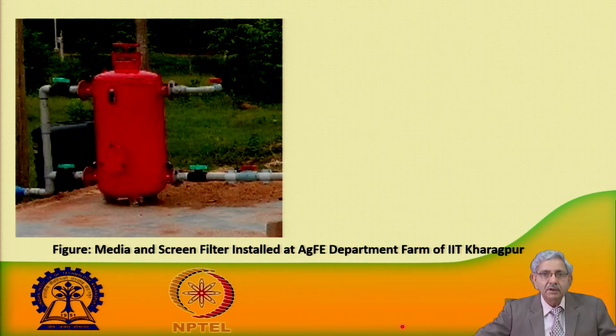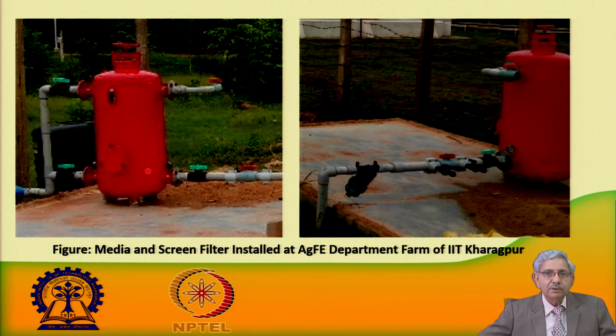You can see here this is the media filter, in which there is coarse gravel, then medium size gravel, coarse sand and then medium size sand. This is a vertical media filter, which we have installed in our farm to connect with the micro irrigation system, and this system is being used for irrigating vegetables as well as other crops.